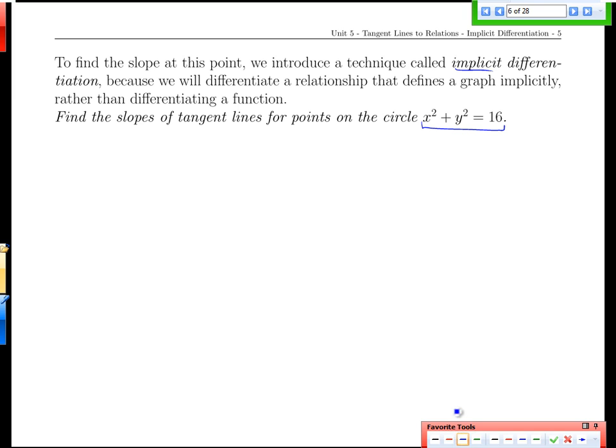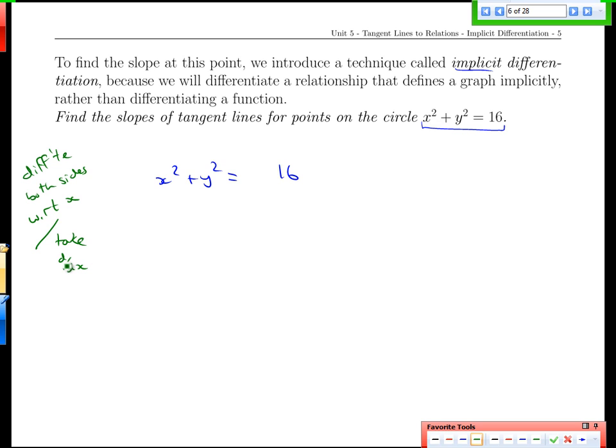Now, how is this going to work? We have our relation, and our step is going to be to differentiate both sides with respect to x, or if you like, take d dx.